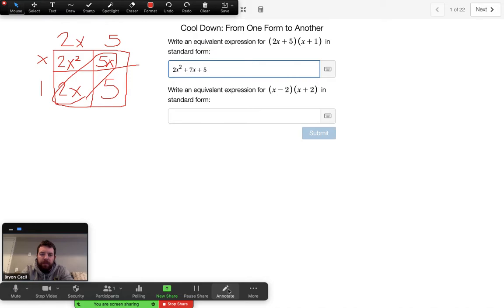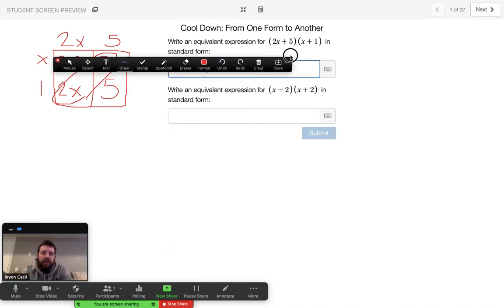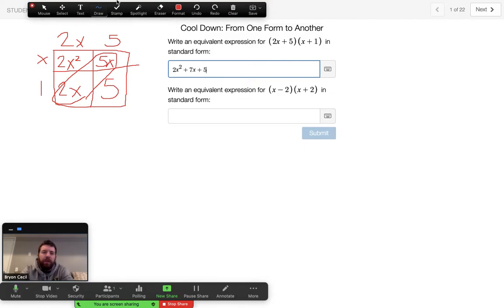On this next one, let's FOIL. Remember FOIL is first, outside, inside, and last. If I do the first terms, I'm going to get x times x, so x squared.